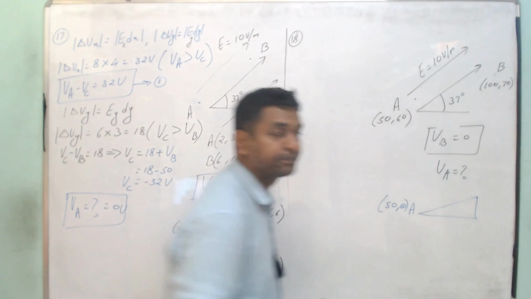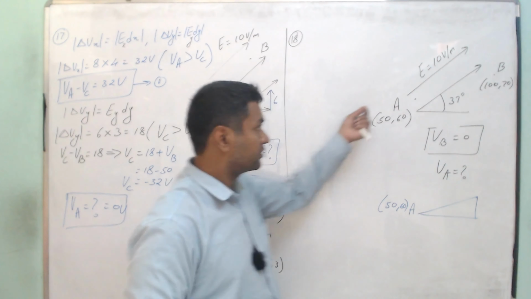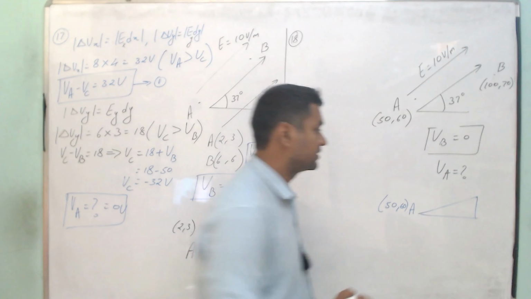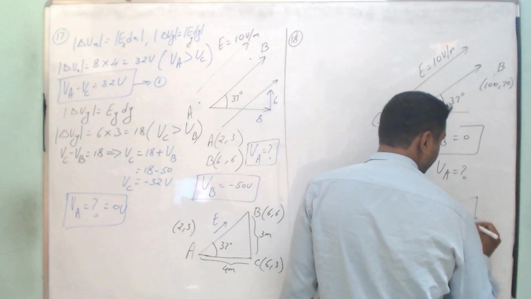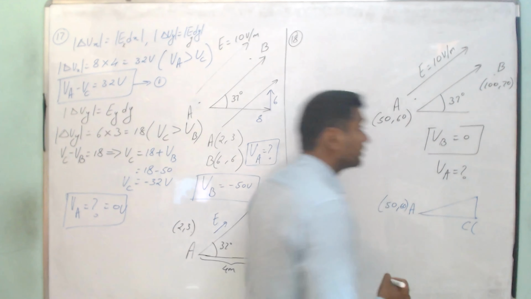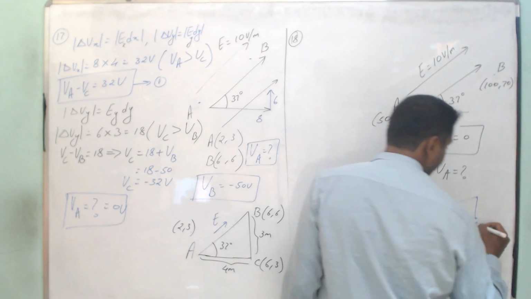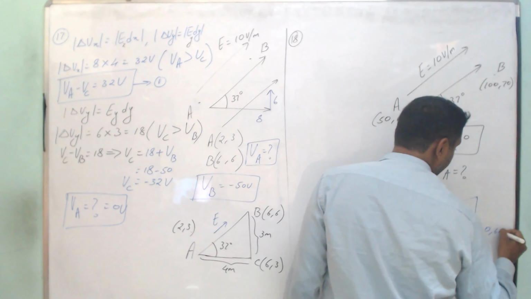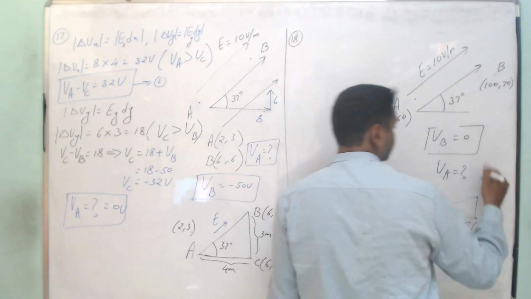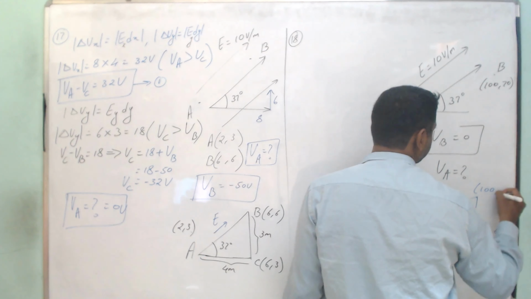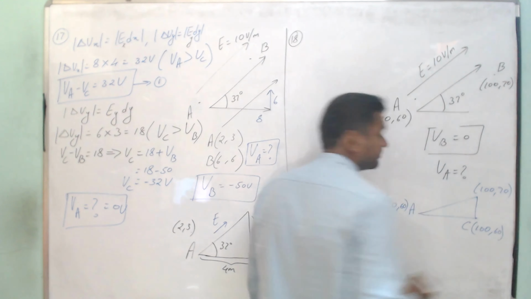Then go along the x-axis and name it as a point C, 100, 60. And now go along the y-axis and we will reach our destination, that is 100, 70.